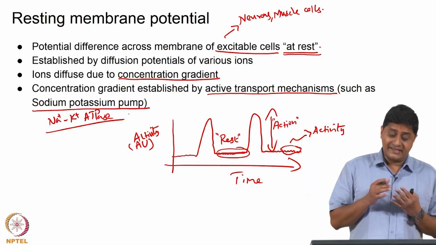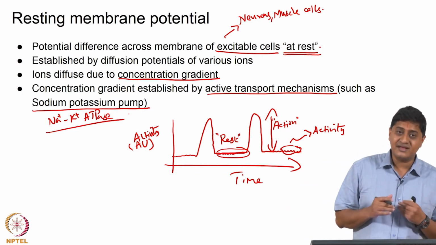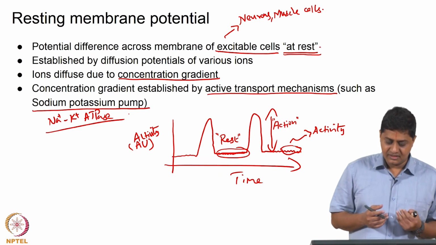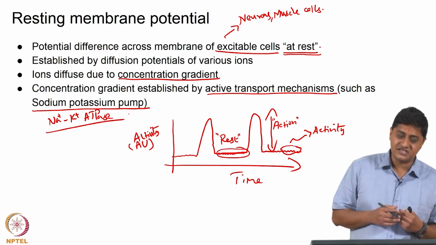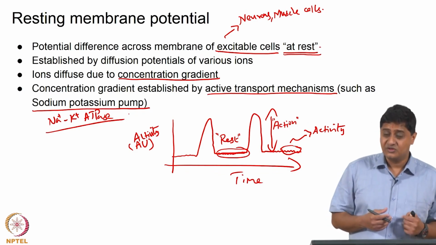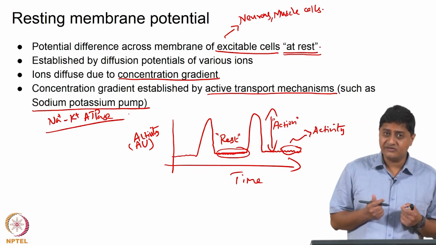So, the existence of the concentration gradient is the reason why there is a diffusion potential, and the concentration gradient itself is established by the sodium potassium pump, which is an active process. So, you have to spend energy to maintain the concentration gradient.